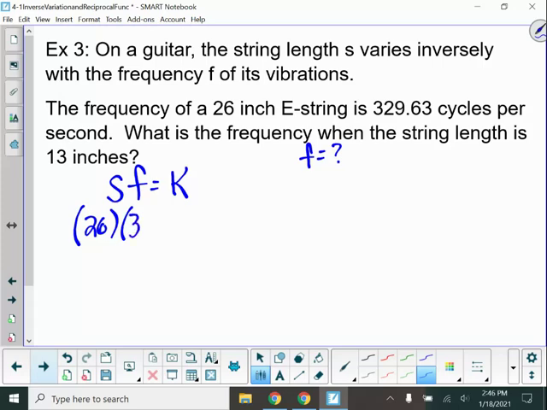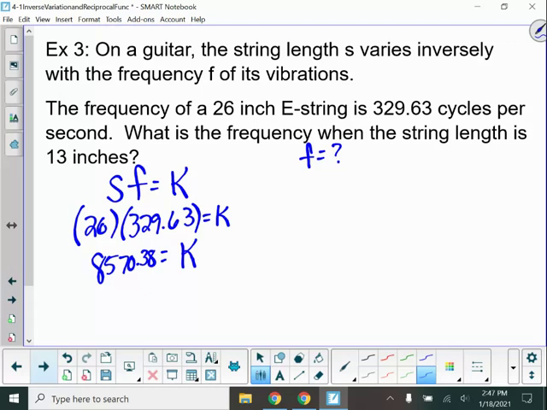The frequency is 329.63, which means my K value, and I do have this question already worked out. You would probably need a calculator to figure out this number. That number is going to be 8,570.38. So that's going to be my K.